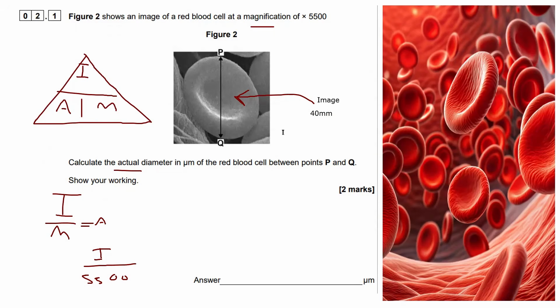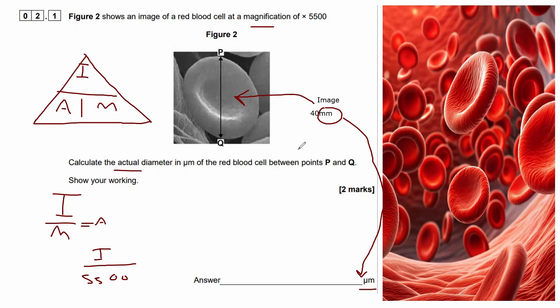So what do we do next? Millimeters on our ruler. You could have measured this in centimeters, but then you've got to go from centimeters to micrometers. I prefer to stick with millimeters because it's going in divisions of 1,000: meters, millimeters, micrometers. So 40 millimeters, we want to change that into micrometers.